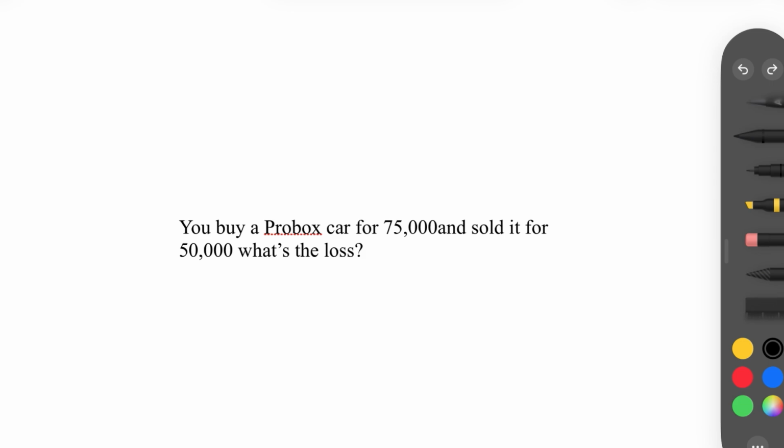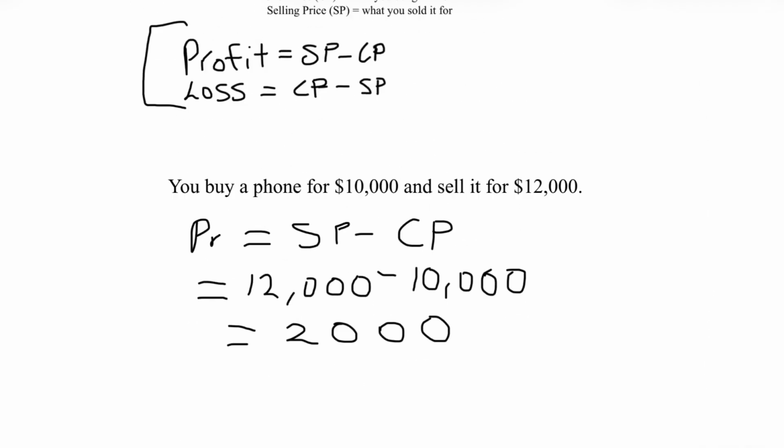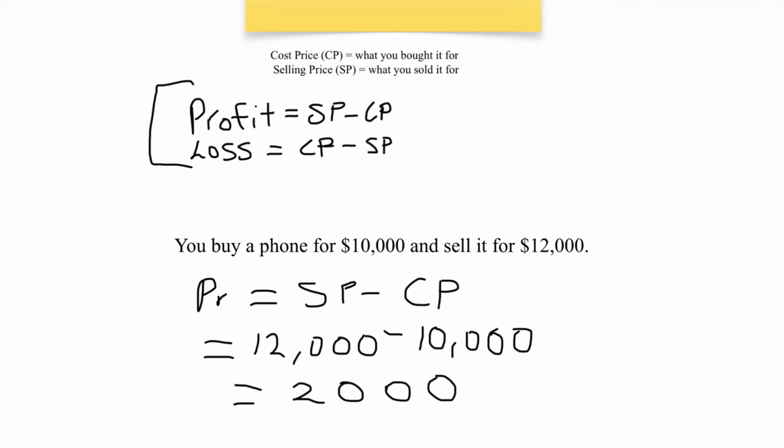But again, here it states that we're calculating the loss, because obviously if we're selling it for less than what we bought it for, then we're losing. So let's look back on our formula, where it says that loss is the cost price, which is what you bought it for, minus the selling price.